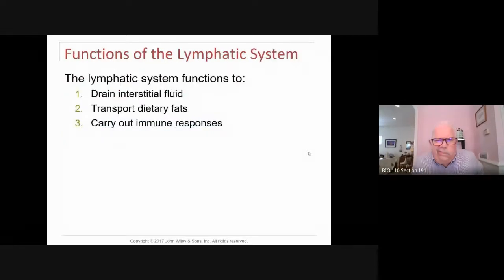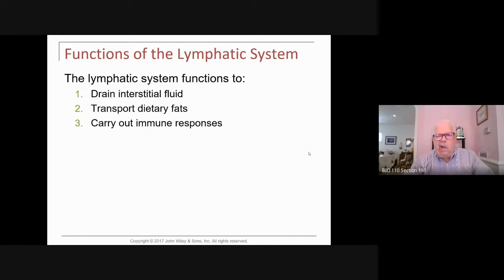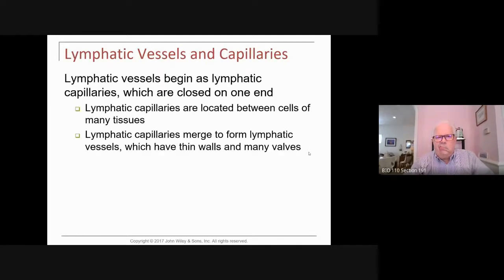The lymphatic system has three functions: to drain interstitial fluid, to transport dietary fats, and to carry out immune responses. The lymphatic vessels begin in capillaries. The lymphatic system is a one-way system. It goes towards the heart.